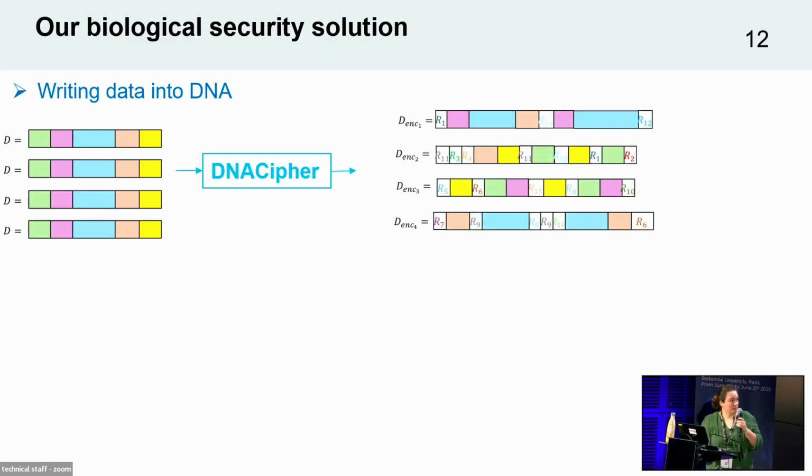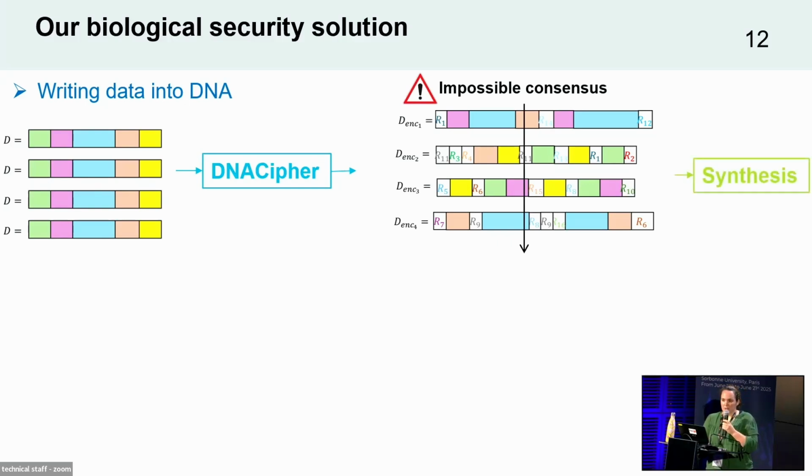So, as shown in this example, we obtain copies of the encrypted D sequence with blocks at different positions and of different sizes. So, if we were to sequence the result and to do a consensus, it would be difficult to do it by majority voting. So those are the sequences that we then will synthesize and store in DNA.